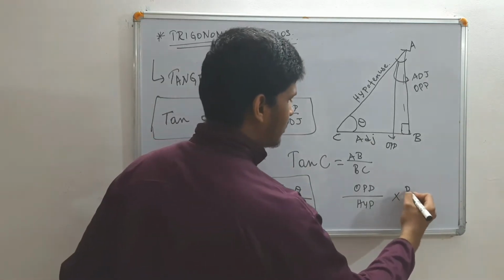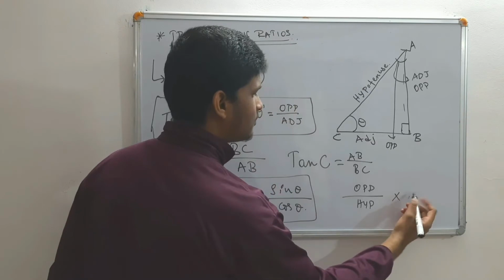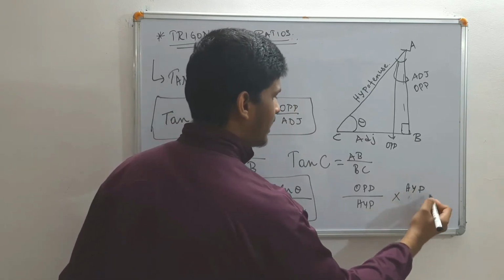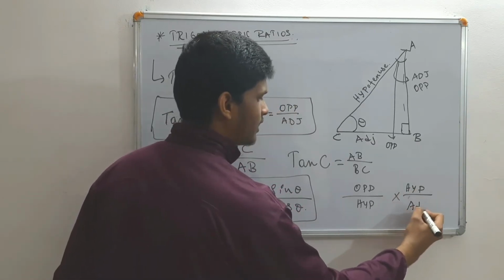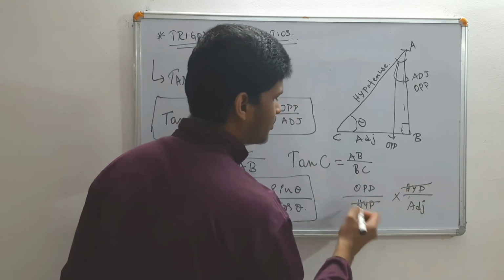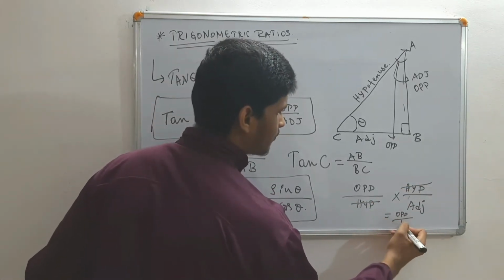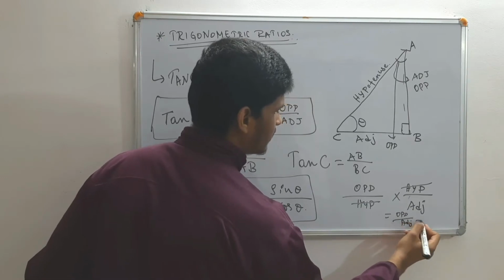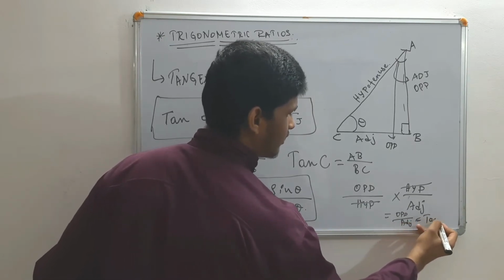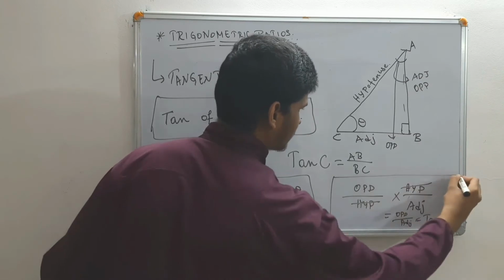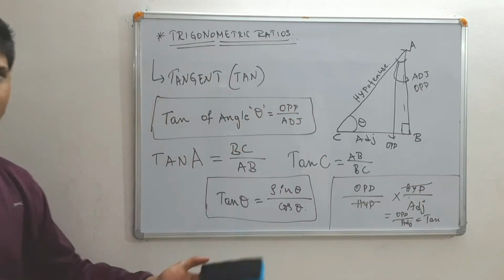That means we take the reciprocal and multiply hypotenuse by adjacent side. Here hypotenuse gets cancelled, so we are left with opposite side by adjacent side, which is nothing but tan. So that's about tan.